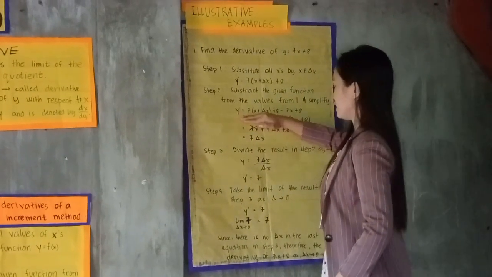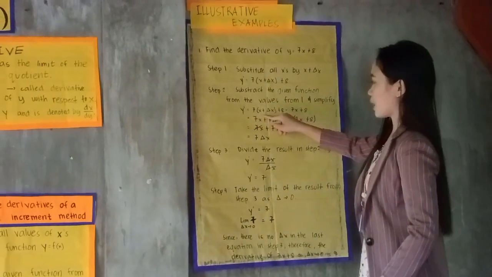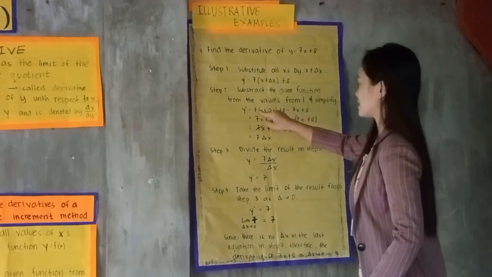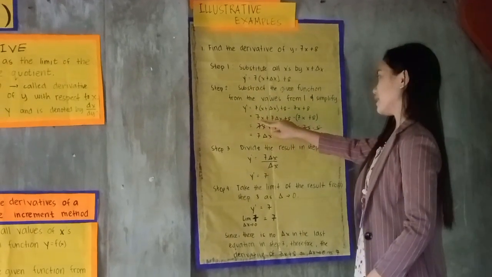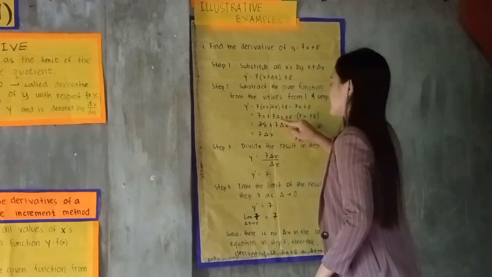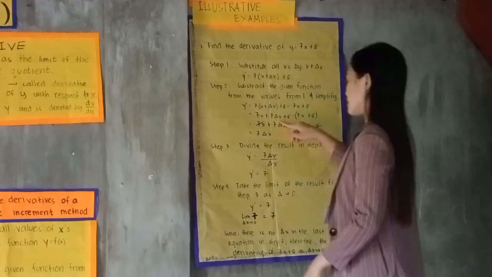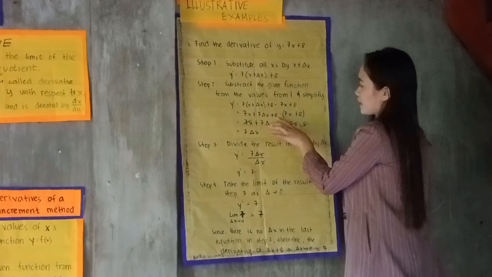So, in here, we apply the distributive property of multiplication, which is 7 times x equals 7x, 7 times delta x equals 7 delta x, copy the positive 8.